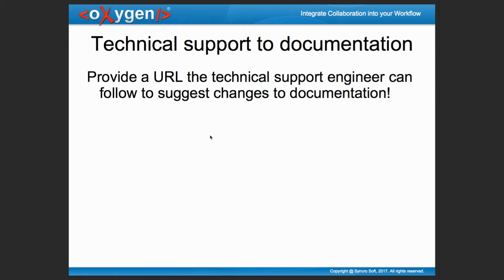For instance, they can see that the procedure is missing a step because the user tried to follow it and was not able to, and they can see, oh, it's missing this step, sorry, we need to add that to the documentation. If they just reply by email to the user and then nothing happens, your documentation will remain without that missing step, and the next user that tries that procedure will get into the same problem again, right?